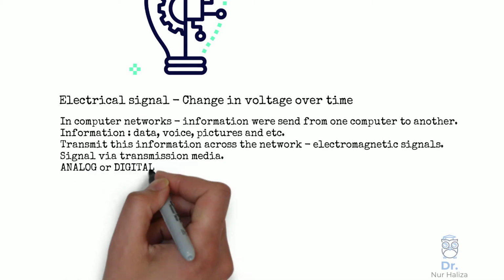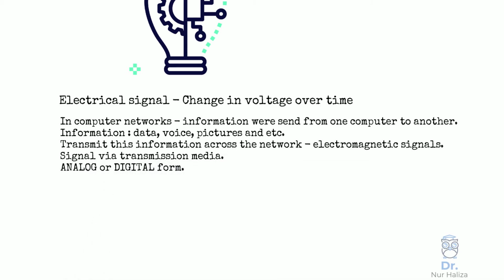In order to transmit this information across the network, it needs to be in electromagnetic signals. Therefore, in a computer network, information flows from one system to another in terms of signals via a transmission medium. So we need a transmission medium to transmit our data.